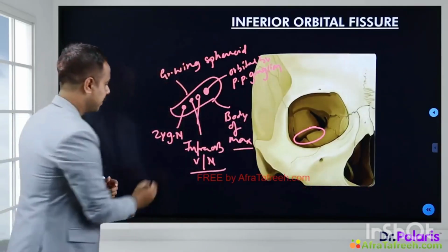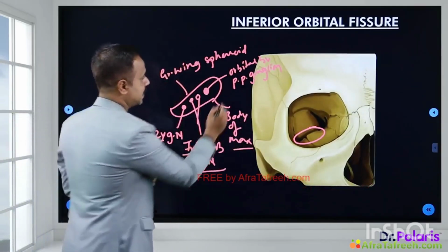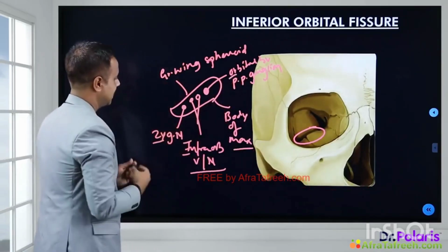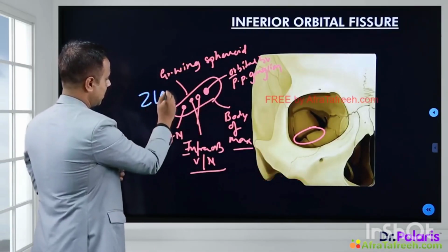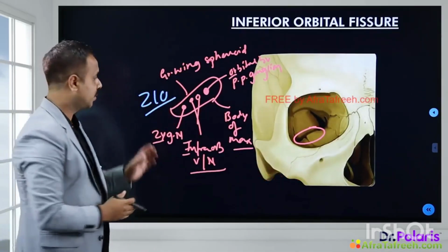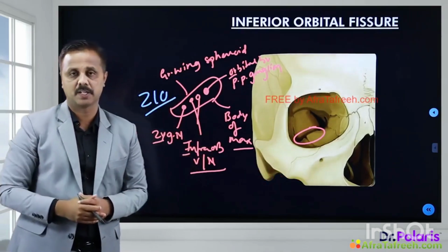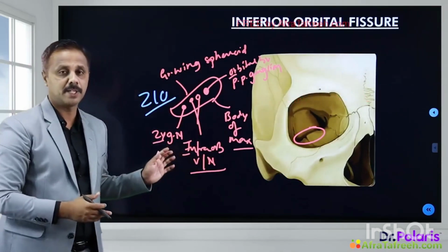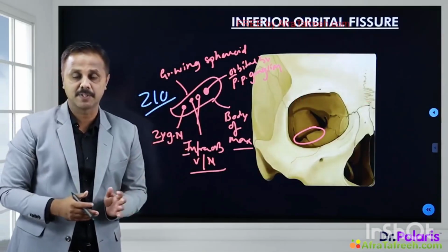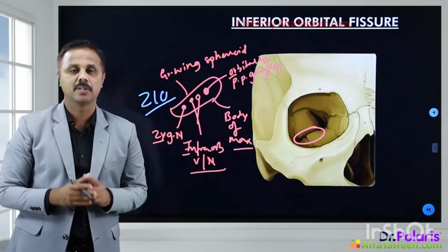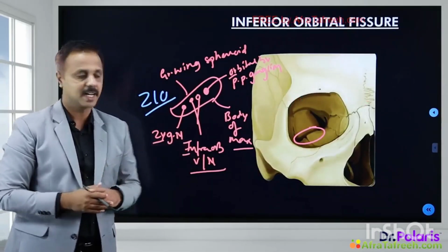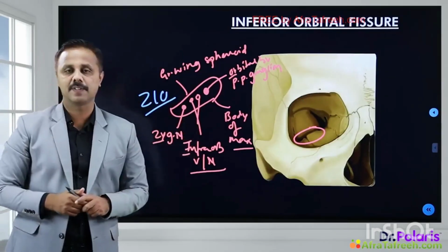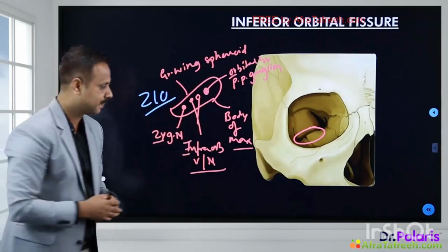You can simply remember it from the first letters as ZO. Even though this is also important, more important will be to know the boundaries, subdivisions and structures passing through the superior orbital fissure. This is regarding the inferior orbital fissure anatomy.